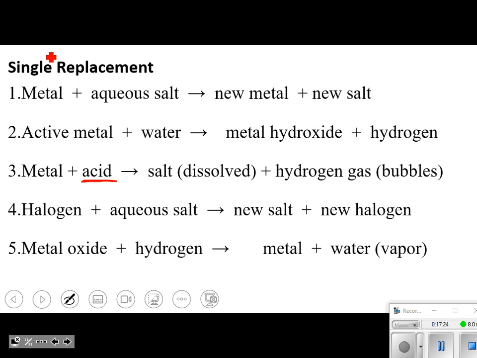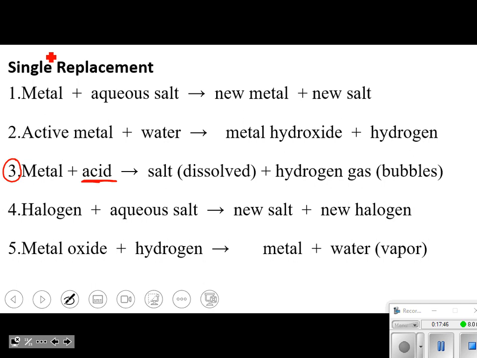An acid. So I'm thinking right now that I'm dealing with a single replacement number 3. Okay? Now, single replacement number 3 says that a metal and an acid will give a salt dissolved, and it will also give hydrogen gas.